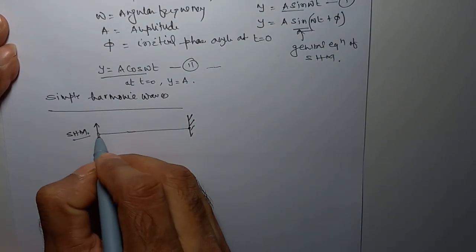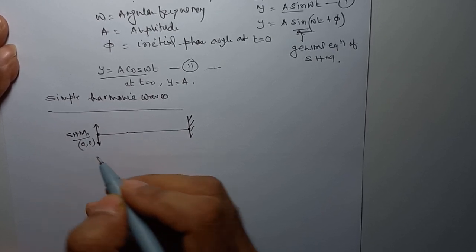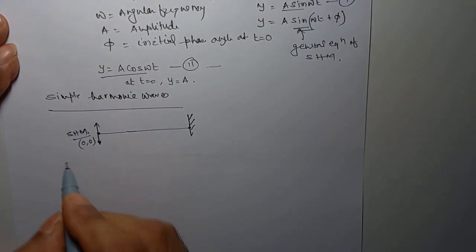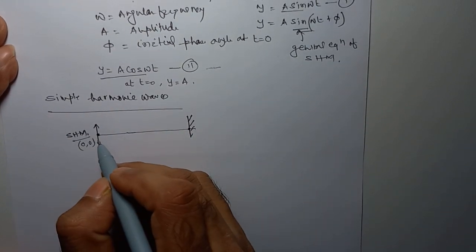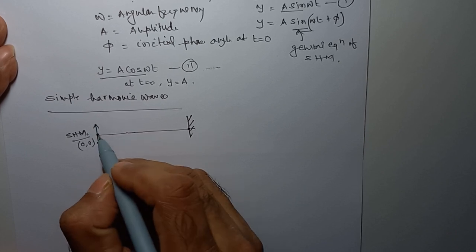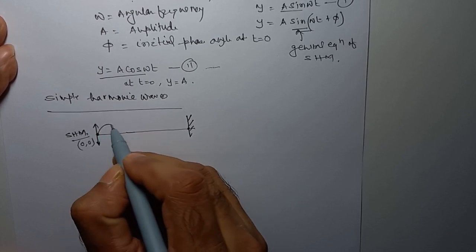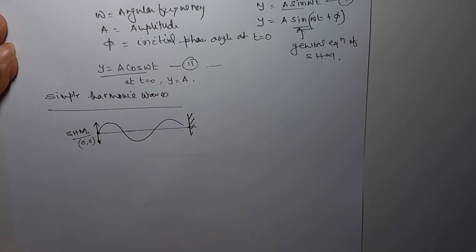We take this point as the origin, where the source of oscillation is. And this is the fixed end. Because of this movement of the free end, a wave will be generated or produced.